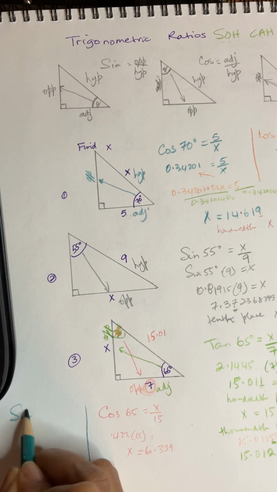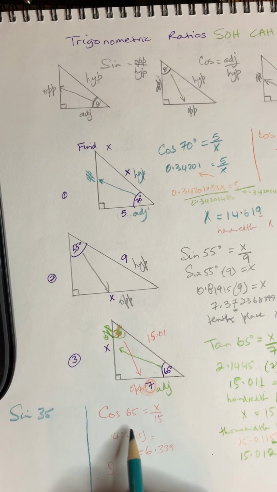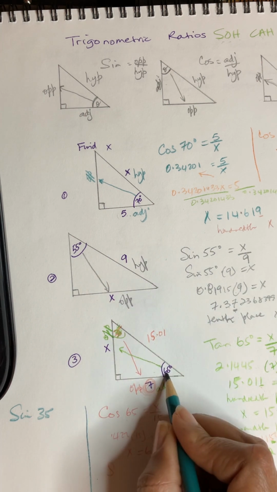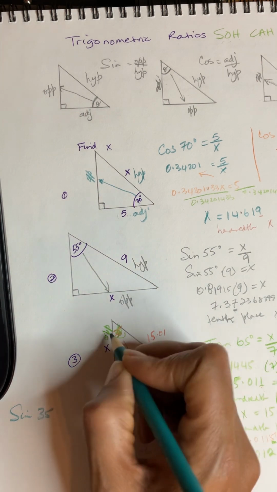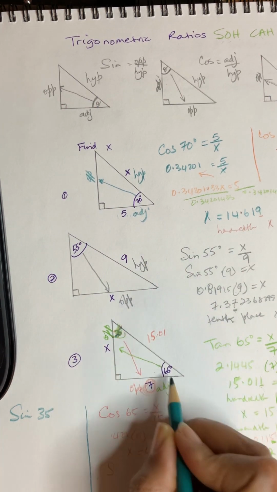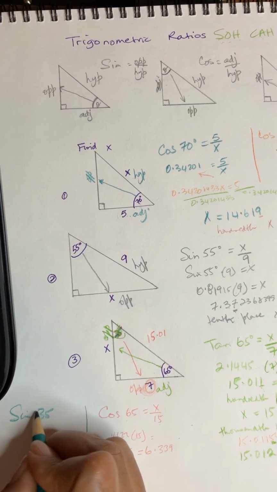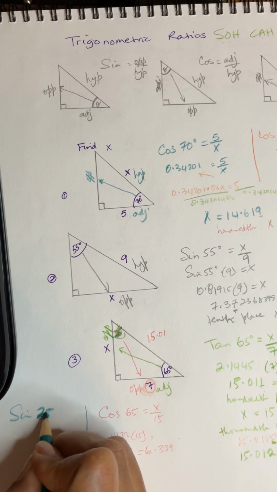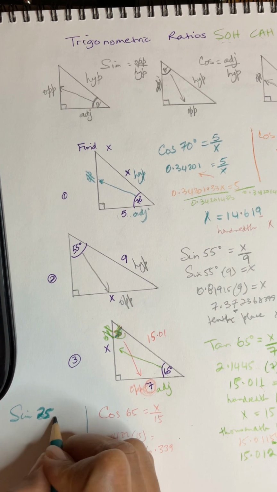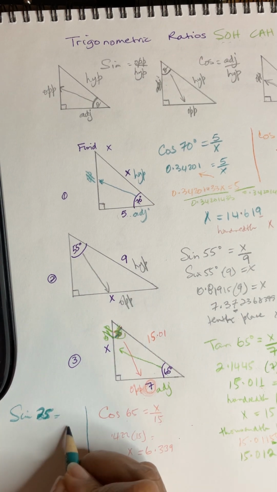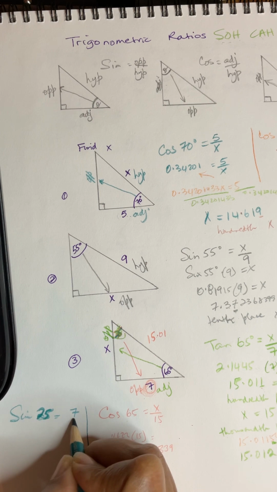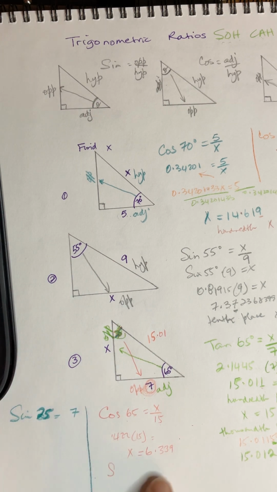So sine 35, because I just told you that it would be 35, it wouldn't be 35, it would be 25, sorry, 25, because 90 minus 65 is 25. My mistake. We're humans, we make mistakes, but just be careful, please.